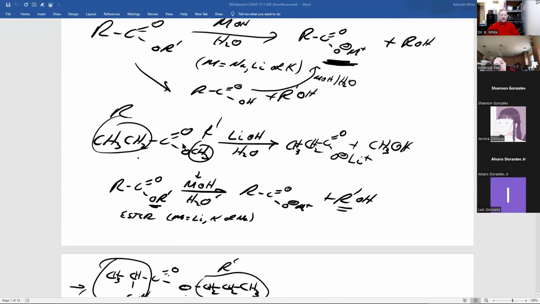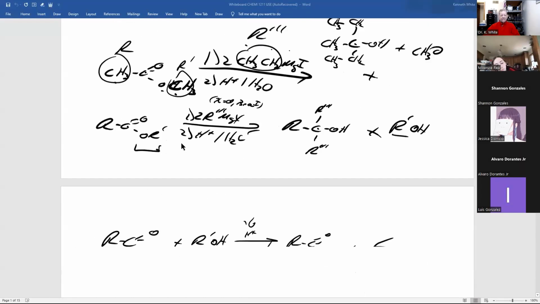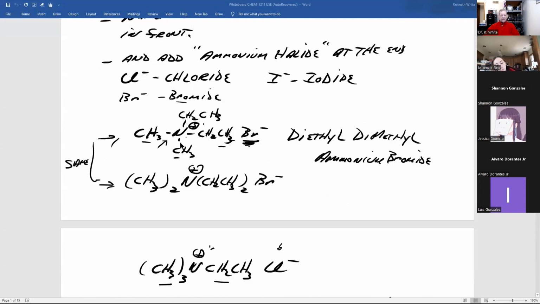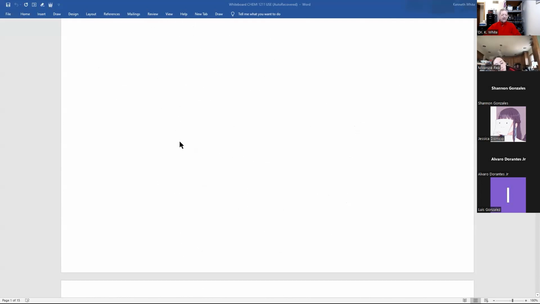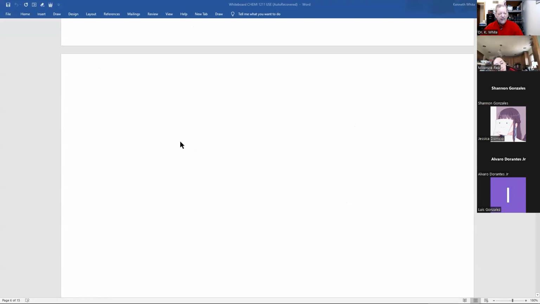Oops. Now, if you take an aldehyde and you oxidize it with potassium, oh, wrong lab.